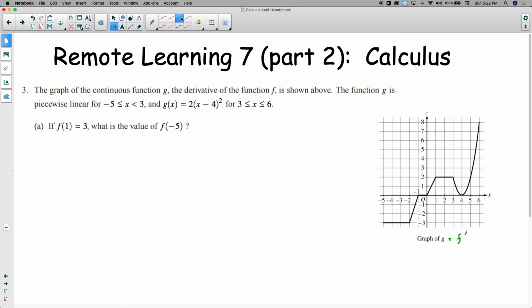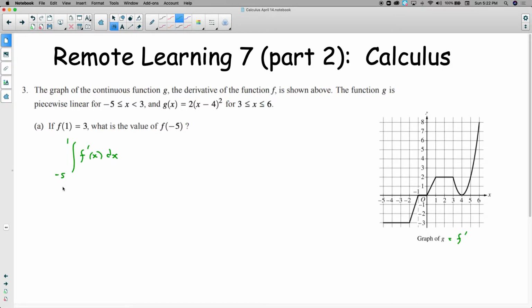And the way that we write that in terms of calculus is that that would be the integral of the rate of change of f. Remember that the integral of rate of change gives total change. And so we want to know how much f changed from -5 to 1.